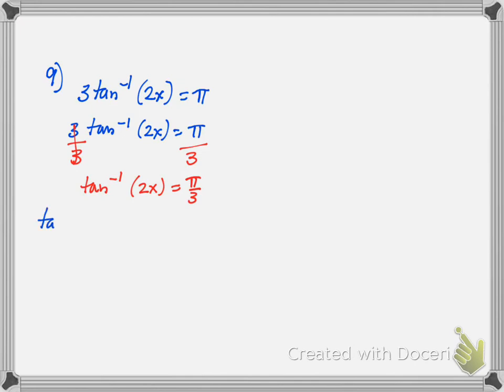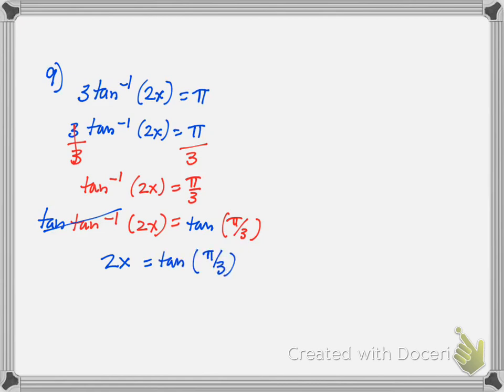So I take the inverse function, which is regular tangent, and I'm going to apply it to both sides. When I do that, these two functions cancel out, so I'm left with 2x equals tangent of pi over 3.